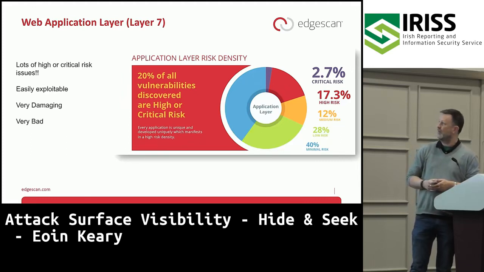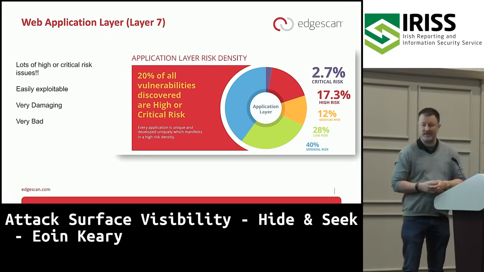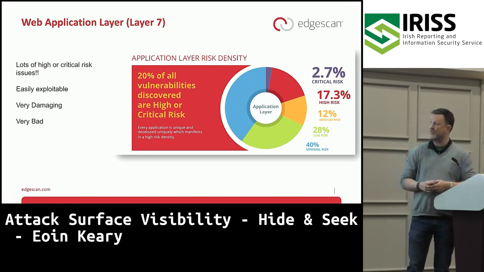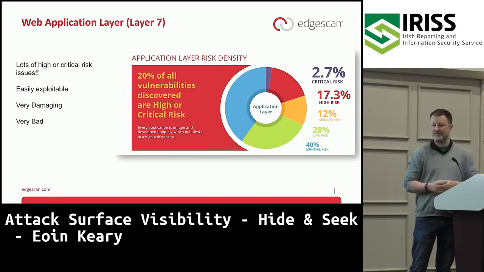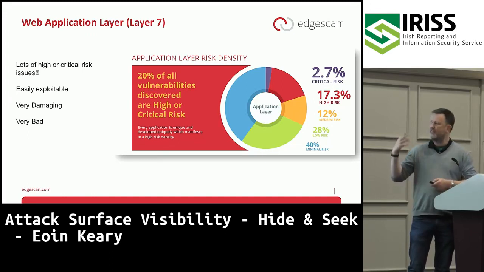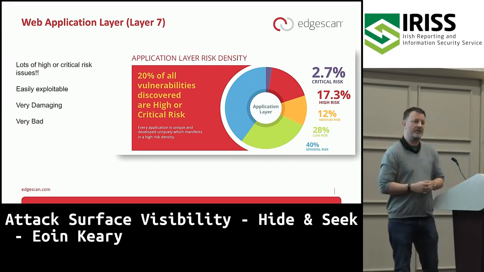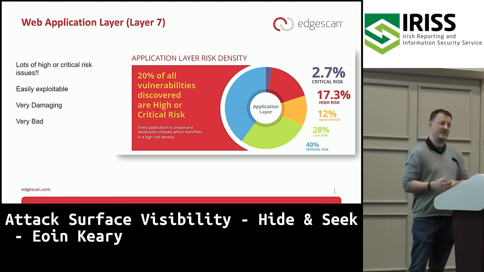And you can see, bottom line, in 2018 we're still seeing about 20% of vulnerabilities discovered are high or critical risk issues. Some of that is due to the fact that we're pushing code very, very frequently, or we don't even know we have that vulnerability, because you'll see, even from the Verizon DBIR or from our own stats report, that some of the most common vulnerabilities we're finding are old CVEs, old patches.